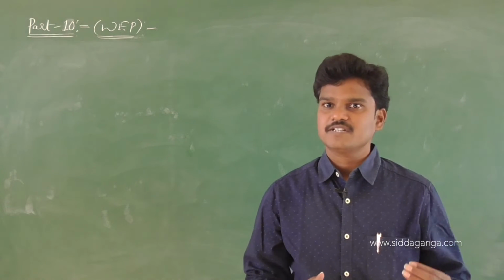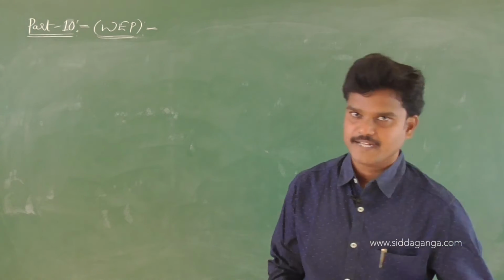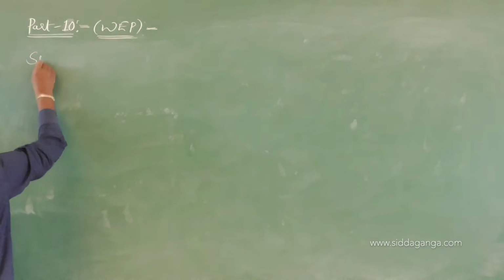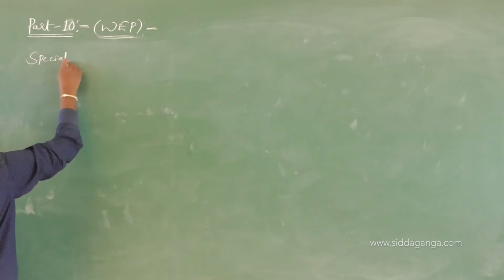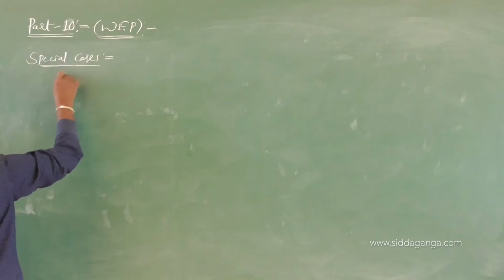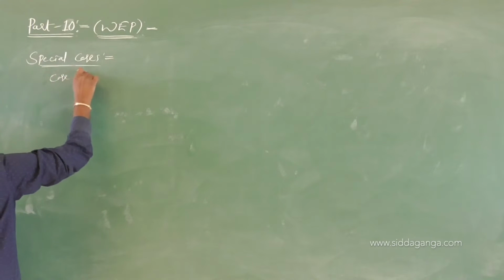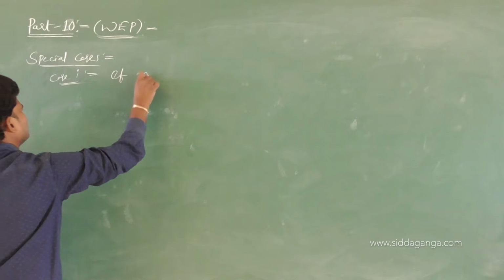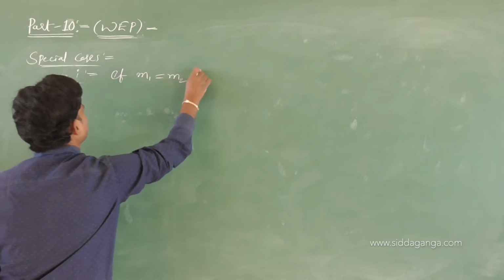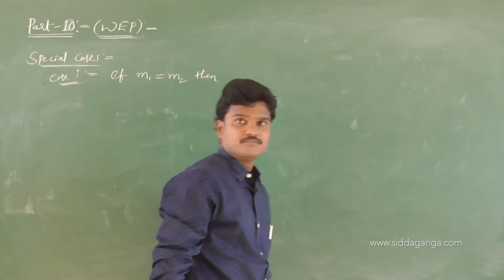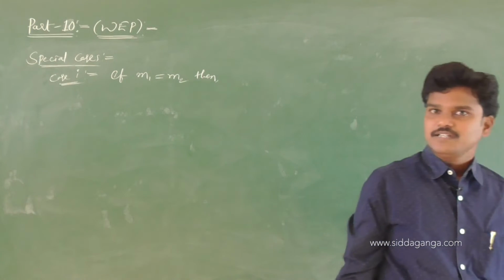Now by using those equations, let me continue some special cases. Write down the heading special cases. So general things, special cases useful for some problems. Let us take case 1. If m1 is equal to m2, then let us see what are the v1 velocities, v2 velocities. Special cases in elastic collision.